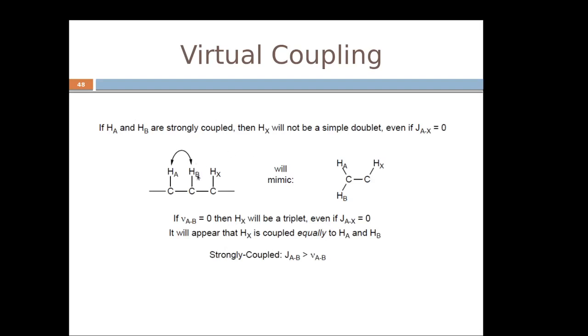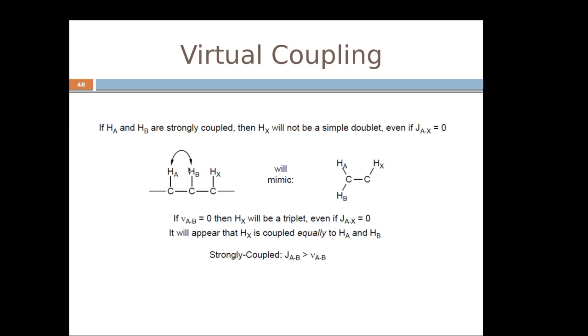Here is an example. We have the A nucleus, B nucleus and X nucleus here, and we assume that there is no coupling between the A nucleus and the X nucleus; only B and X couple with each other.